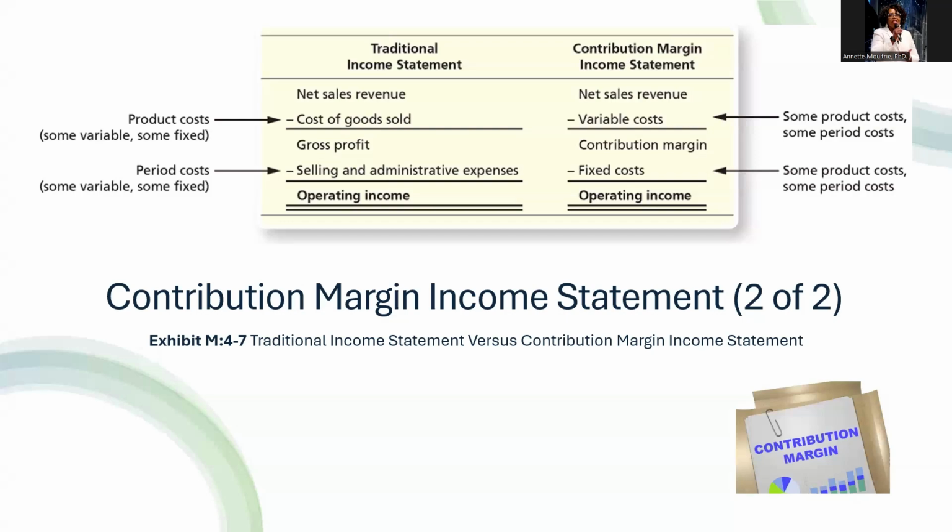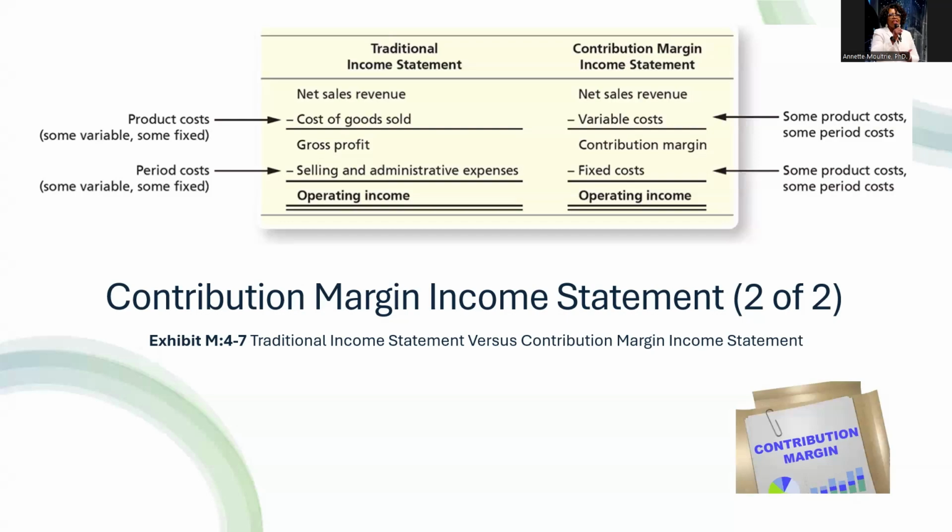So if you take a look at the screen, you see the traditional income statement, where you have the net sales revenue minus cost of goods sold, which will equal your gross profit. That's a product cost. And then you have the period costs. You have the selling and administrative expenses, which will equal operating income.